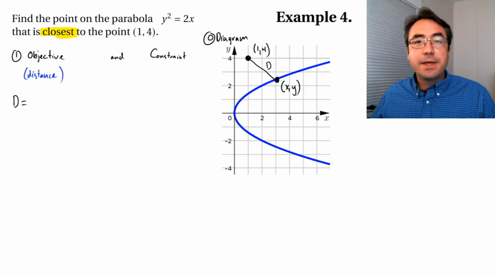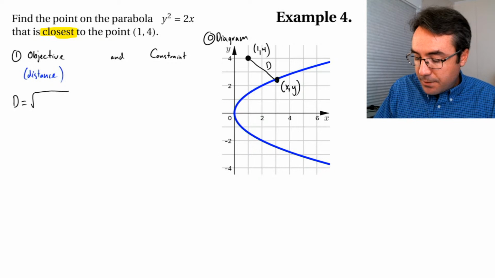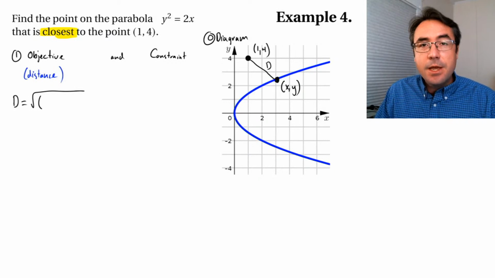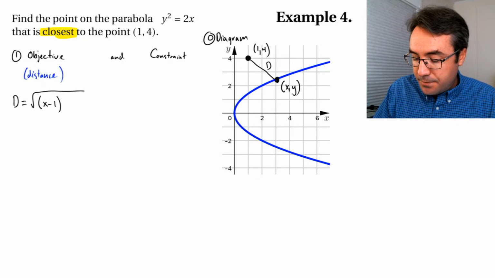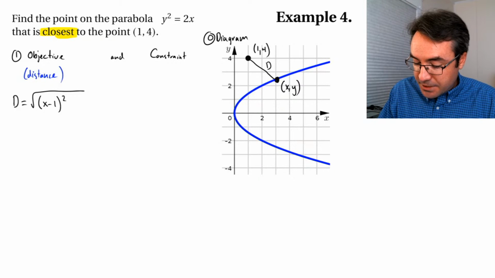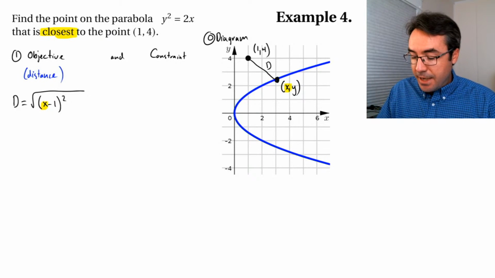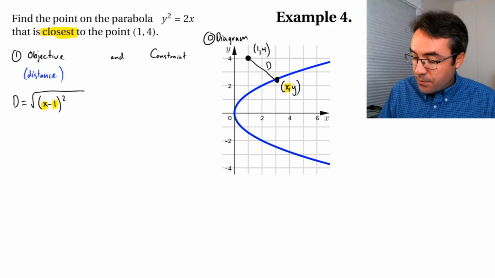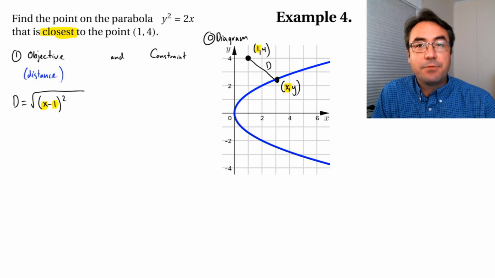And the way you calculate distance, there's a nice distance formula. It's equal to the square root. You subtract the x coordinates, so x minus 1 of our 2 points. The first x value comes from our arbitrary x, and then the 1 comes from the 1 in our other point, 1 comma 4.